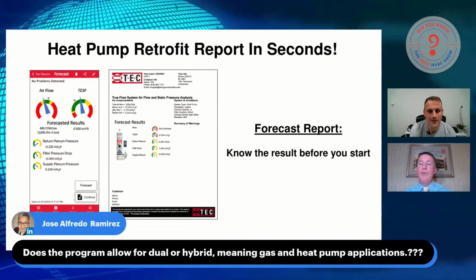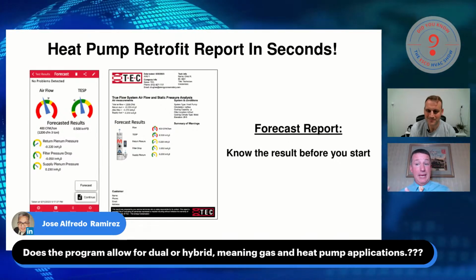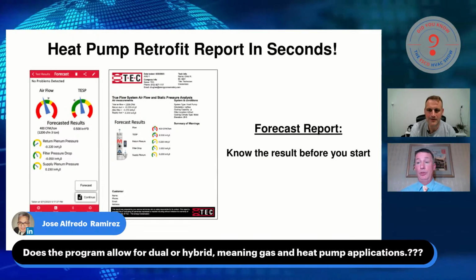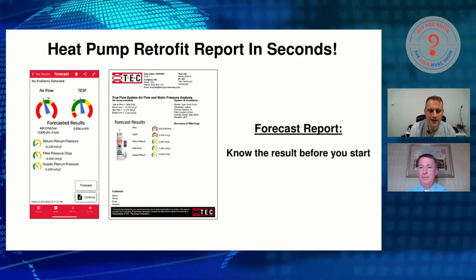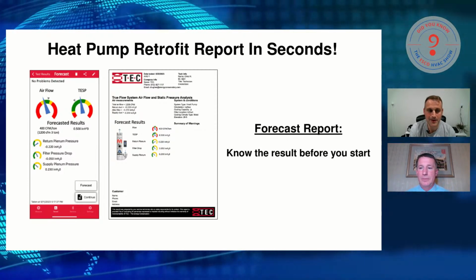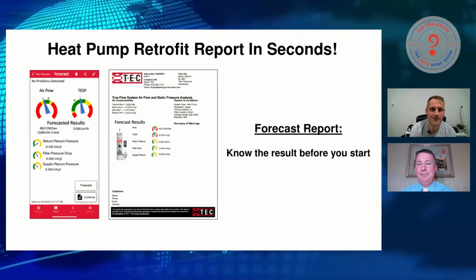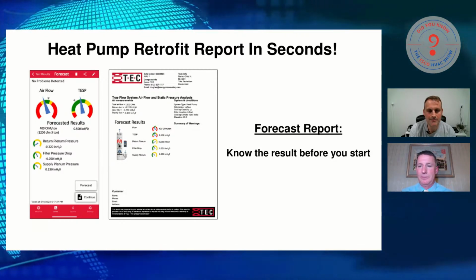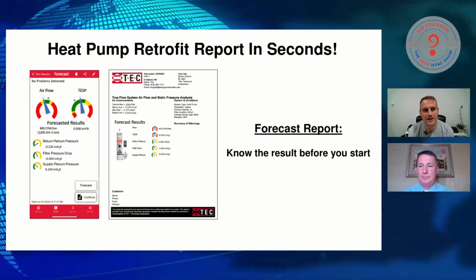Yeah. So if we had an existing gas furnace and now we're looking at, okay, we're going to do a gas furnace and add heat pump. So we have a true dual fuel application. Right. So here's what I'll tell you. In that application, I would test it in heat pump mode because you're going to move more airflow for the heat pump. Exactly. And if you want a report with the furnace running, then pick the furnace workflow and test it again with the furnace.